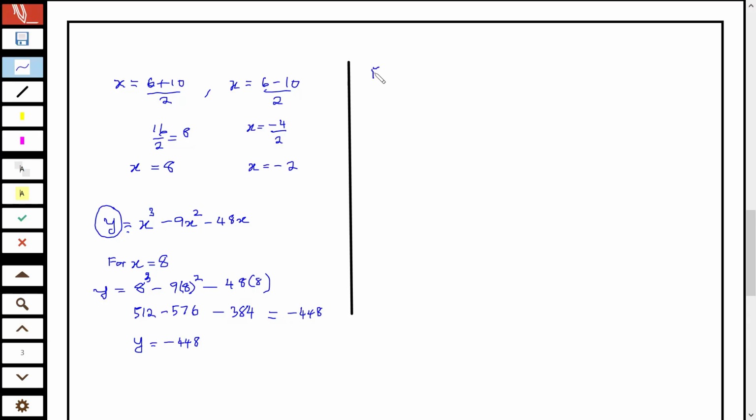Now, let's find the corresponding y value given that x is equal to negative 2. So for x equal to negative 2, the corresponding y value can be found by substituting the value of x into the original equation.